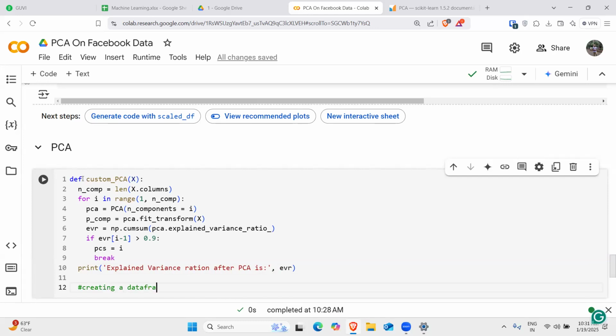create a data frame, principal components. I'll explain this.